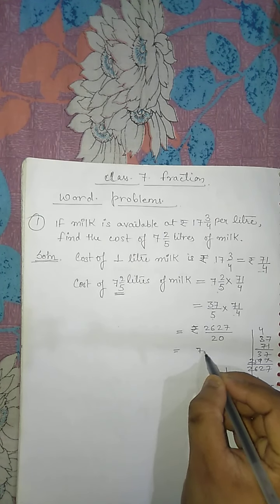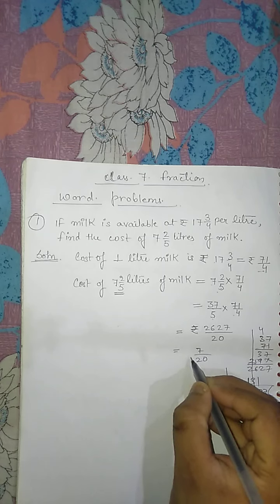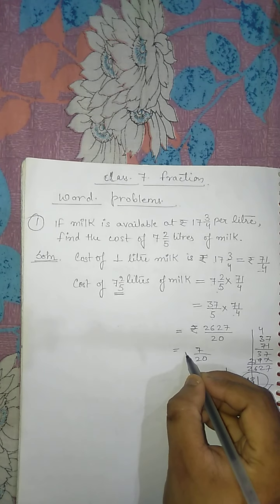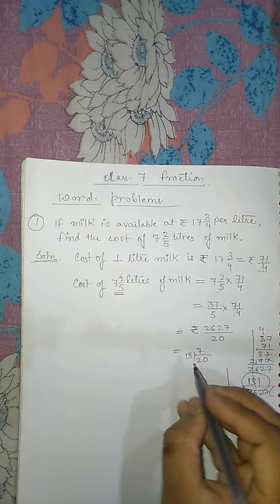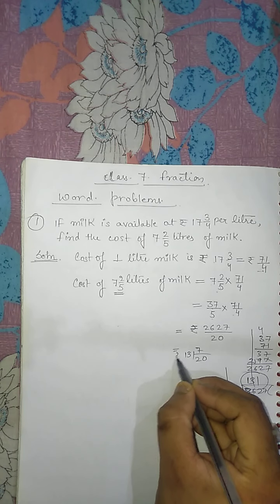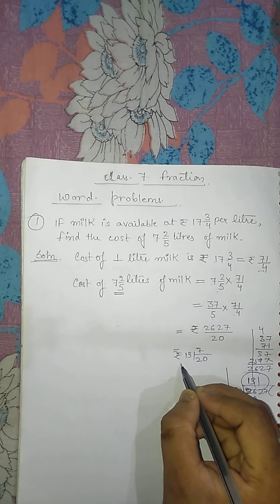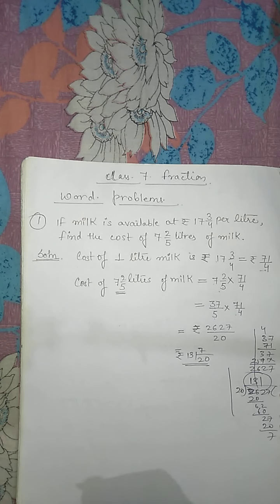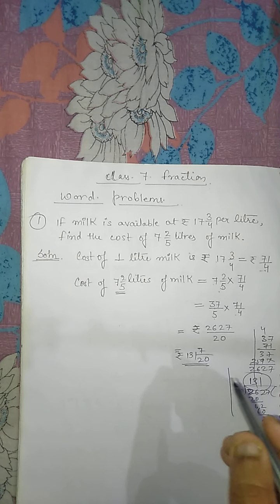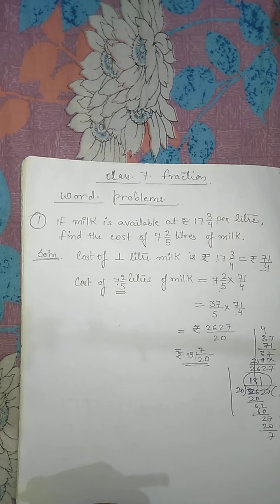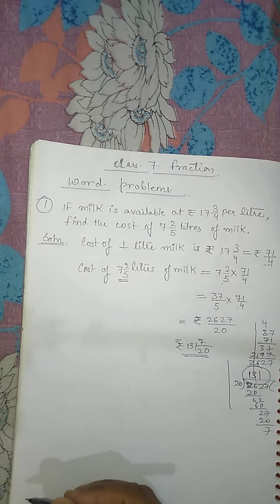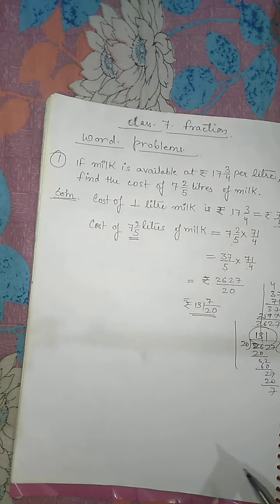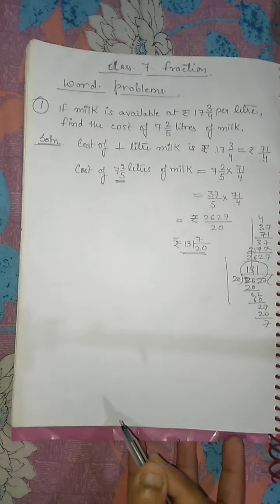So 7 whole 7 upon 20, and 131 is the total whole part. So the total cost will be 131 whole 7 upon 20. Okay. Now note the next question.